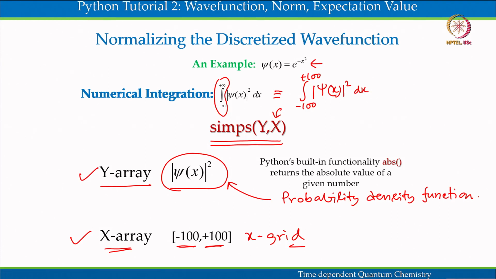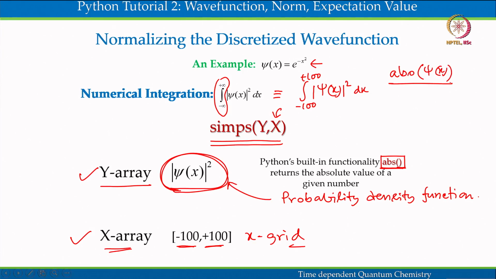Now Python's built-in functionality, abs, absolute value, returns the absolute value of a given number, and that is exactly what we need, because this is the absolute square of the wave function. I can get the absolute value of a wave function by writing abs within brackets psi(x).